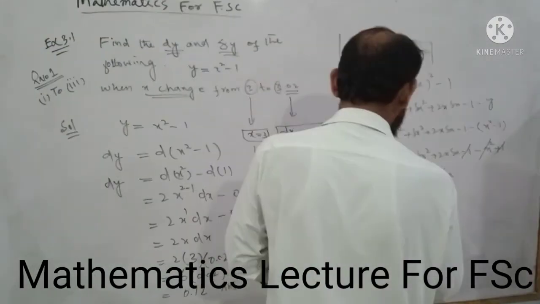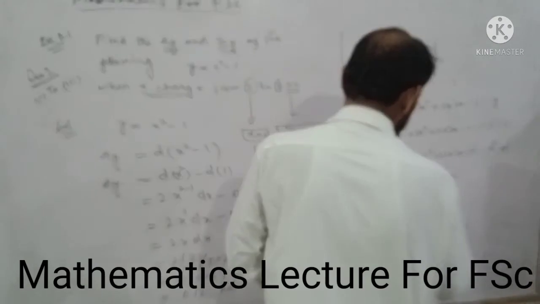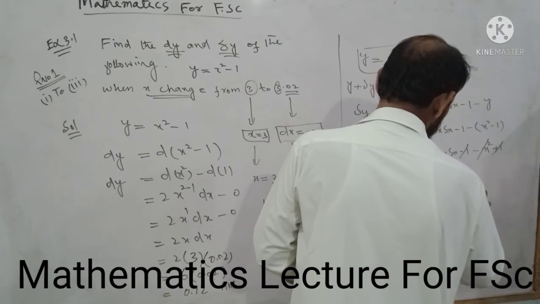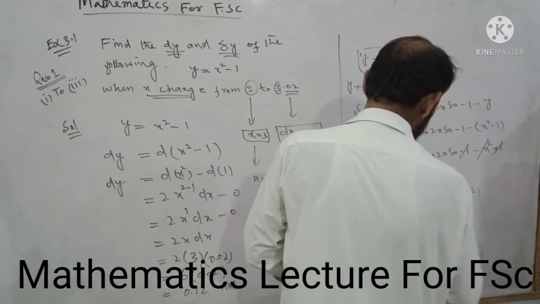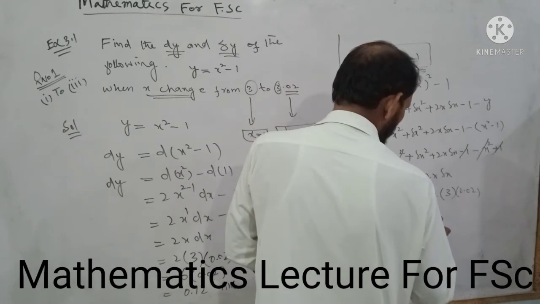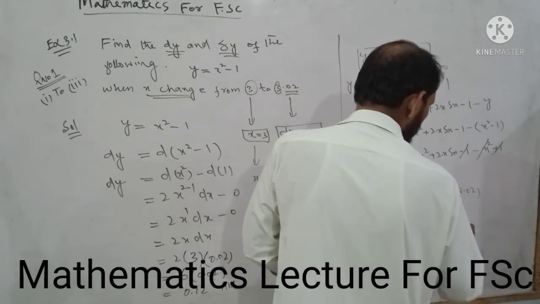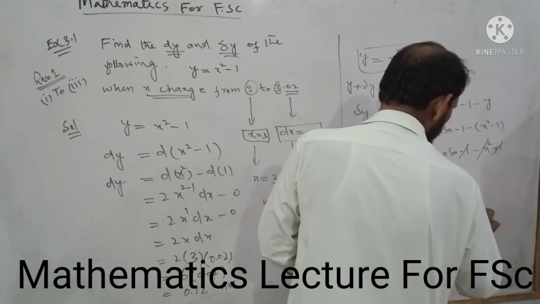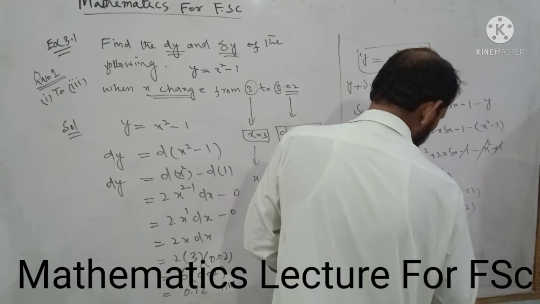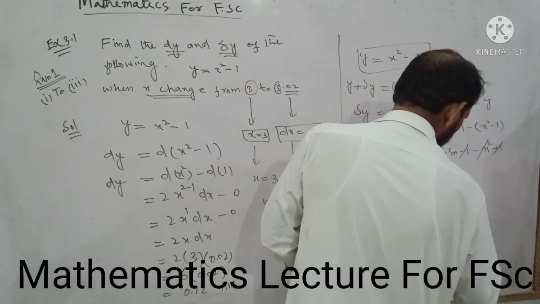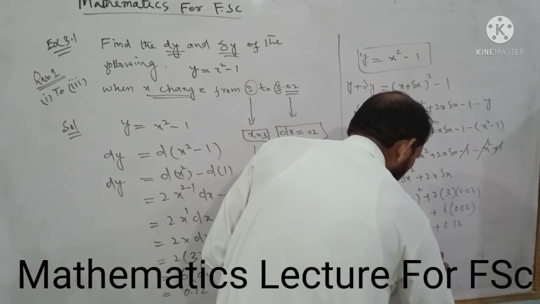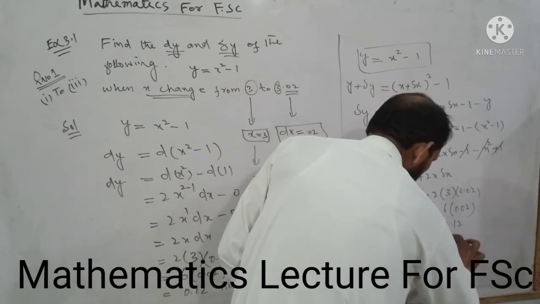Putting these values in the expression, 2 times 3 times 0.02 plus 0.02 square. After simplification we have 6 times 0.02 plus the square term, giving 0.1204.